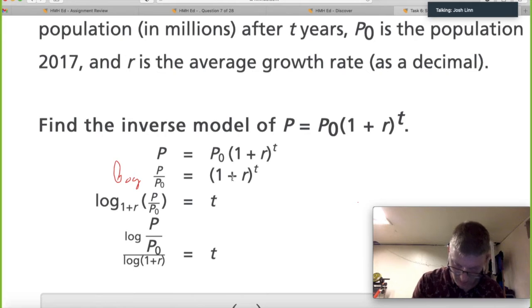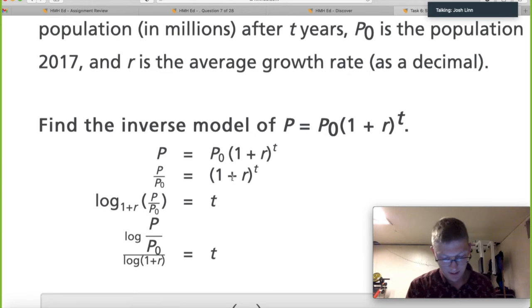And then, oh no, hang on. And then we've got our log over here. So that would cancel this out, which is why we have that t left over. So we have the log base 1 plus r of p over p naught.